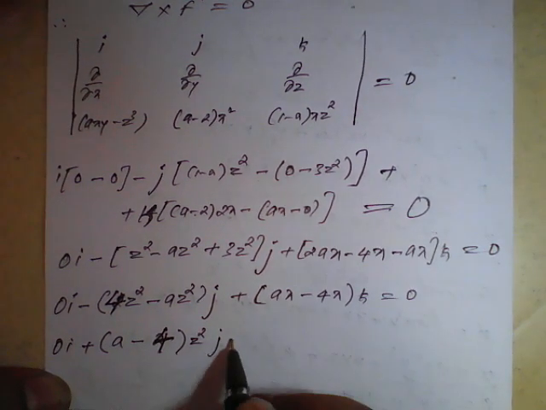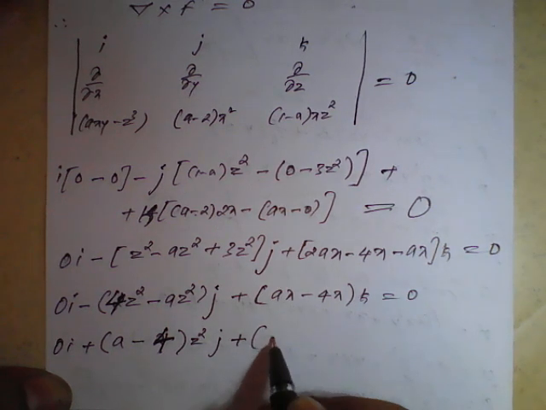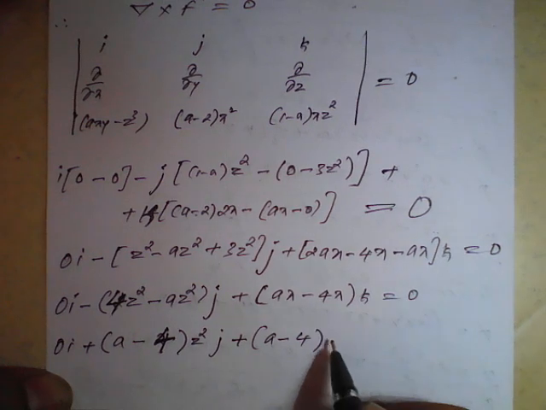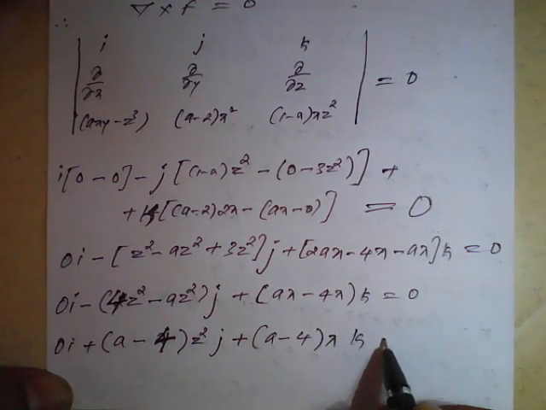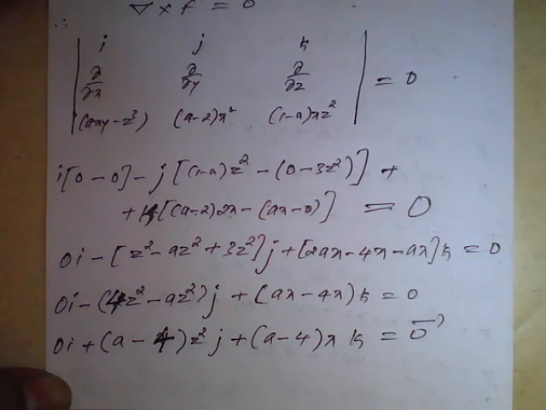From among this you take x common, so a minus 4 of x k is equal to 0. So this is nothing but 0 vector.